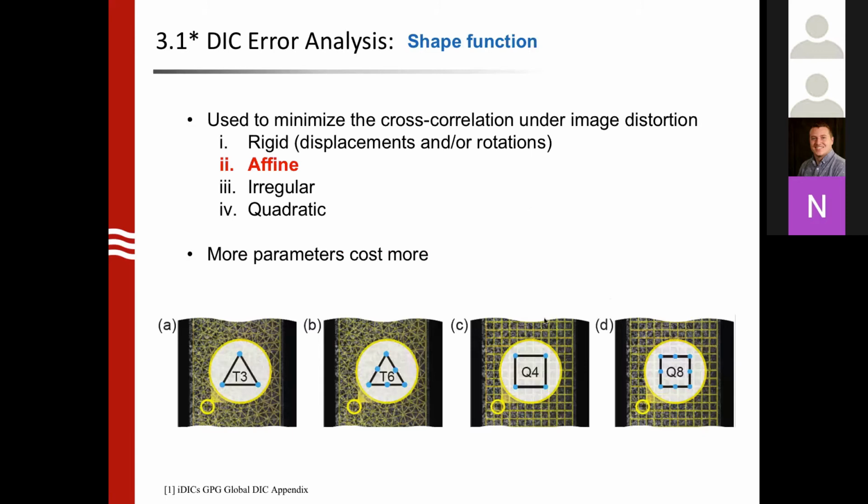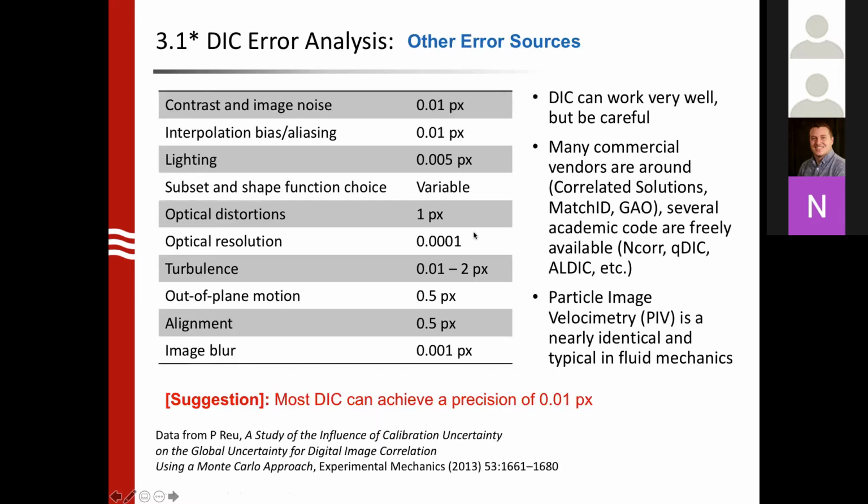And also, what we introduced previously is the rigid body shift or affine, a translation plus distortion. You can also add a more complex shape function like a quadratic or some other irregular shape function, right? Typically for the DIC, the affine works very well for the general case. And for most DIC, there is lots of complex error analysis.